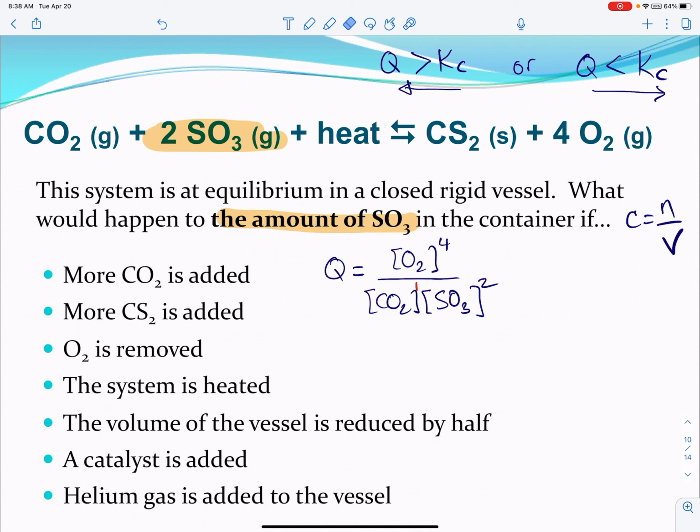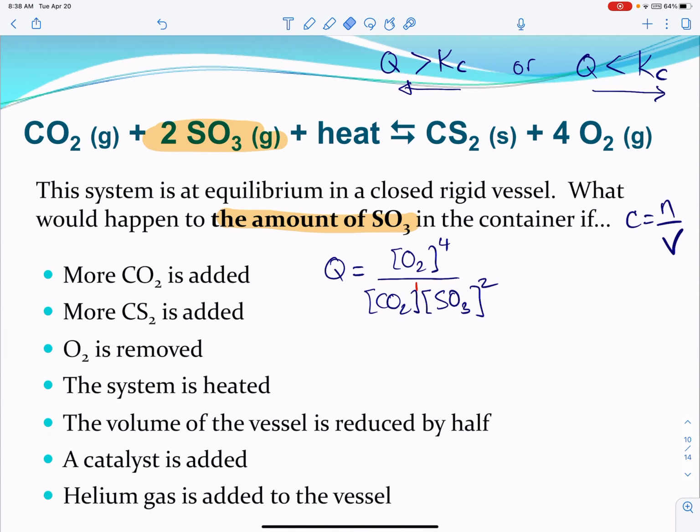Well, Kc also doesn't change because you didn't change the temperature. So Q didn't change, Kc didn't change. So that means Q is still equal to Kc. Q and K are still equal. If they're still equal, there's no shift in the equilibrium and nothing happens to the SO3.